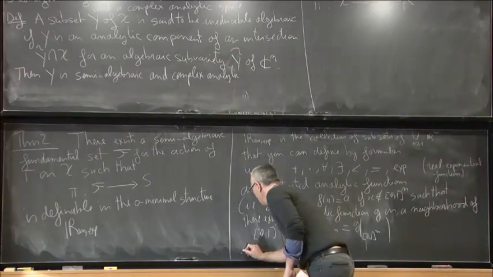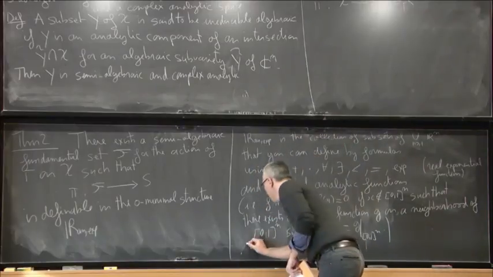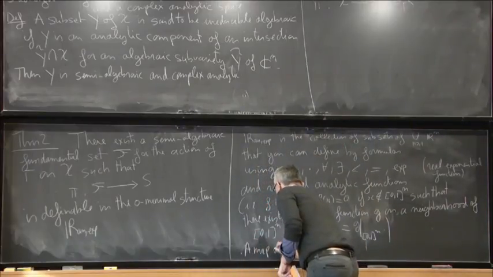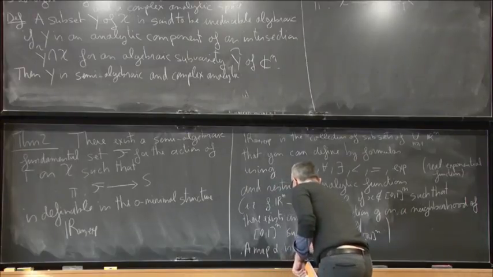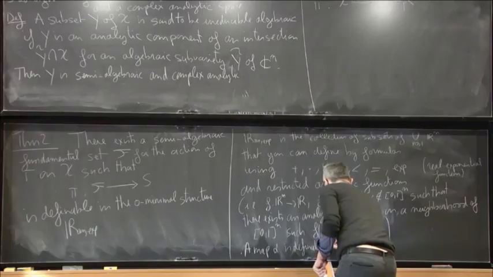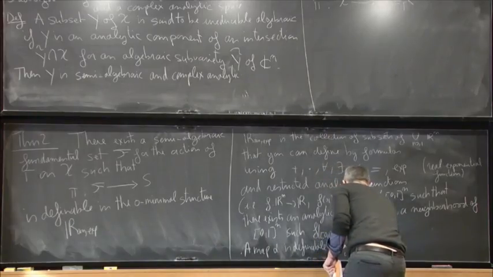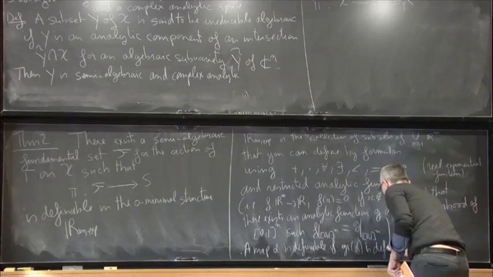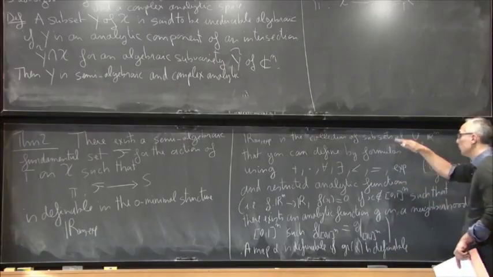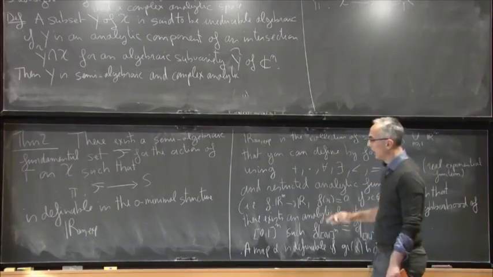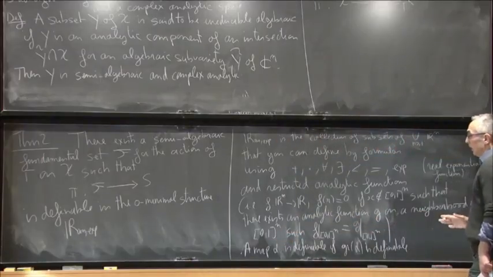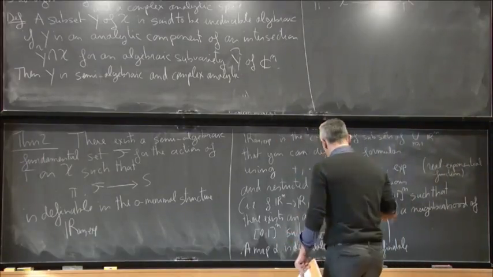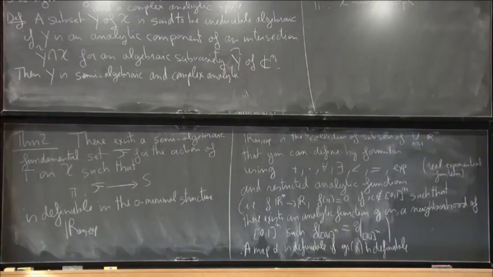So in this theory called R_an,exp, now the important point is to explain what it means to be o-minimal.